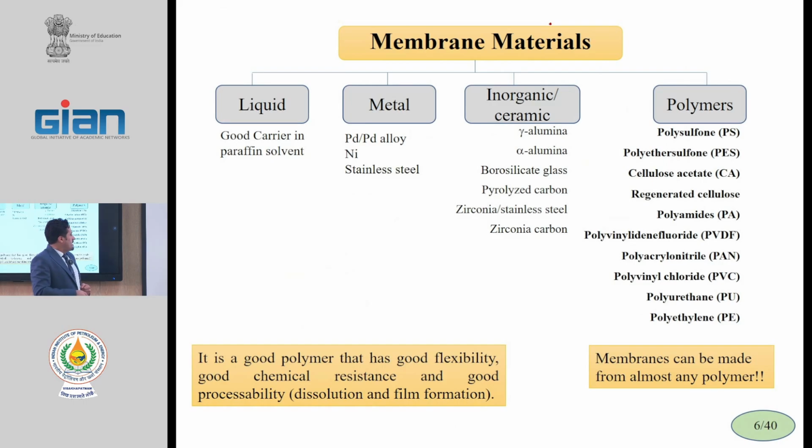A good polymer should have good flexibility. The flexibility and durability of the membrane is important. Membrane is a thin layer. The thickness of membranes is about 100 micrometers, usually, and very thin.